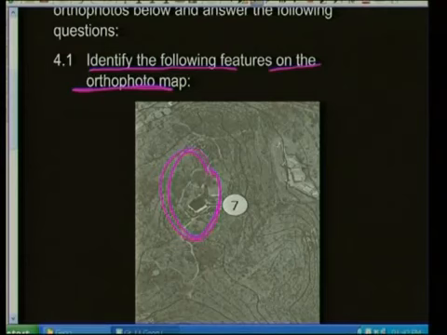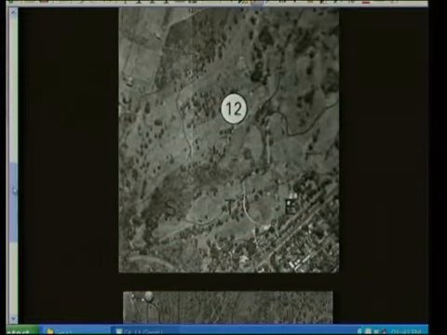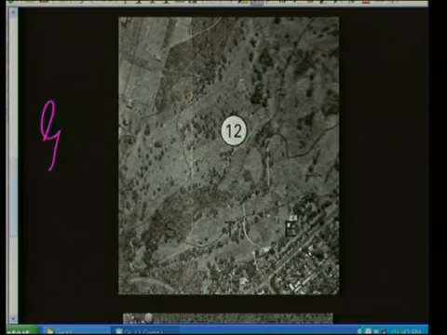So if you look at this map and look at 7 on the photograph or the orthophoto, if you orientated your map, it's actually a slimes dam. Number 12, as I mentioned earlier, okay, you can see little trees, you weren't sure, but when you orientated it, it is a golf course.